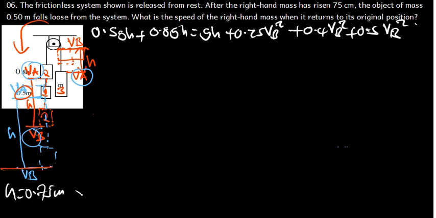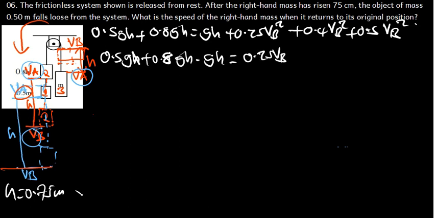So I'm going to shift this part here to the left hand side. I'm going to have 0.5 gh plus 0.8 gh minus gh equal to 0.25 vb squared plus 0.4 vb squared plus 0.5 vb squared.